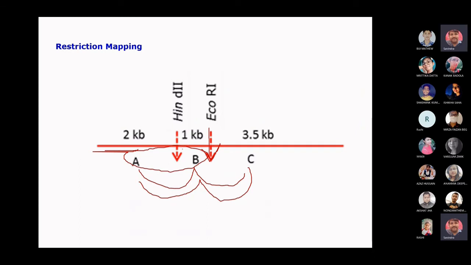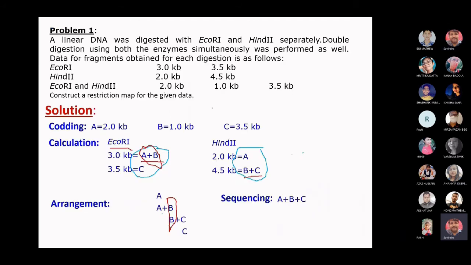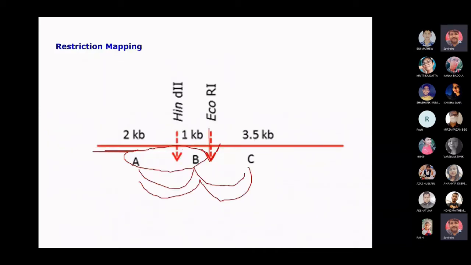Echo R1, you knew that will give 2 fragment of 3 kb and 3.5 kb. Am I right? 3 kb and 3.5 kb. Yes, sir. The same, and you will find it only if you will mark echo R1 over here.